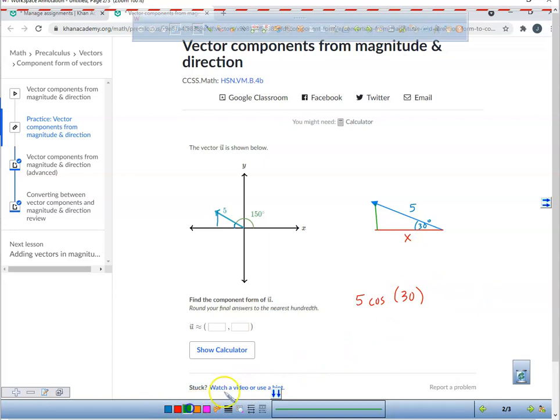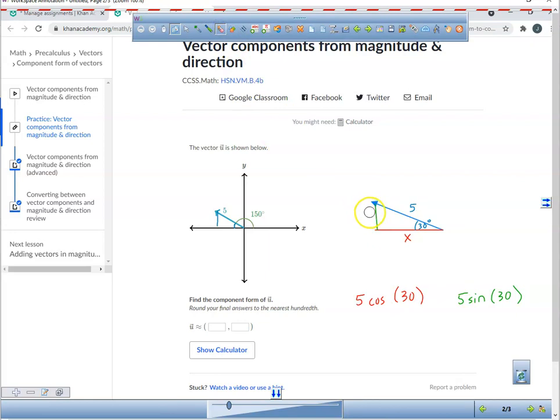And for our y component, we're going to put 5 sine 30. Now, I didn't do a very good job of drawing that straight down. There we go.